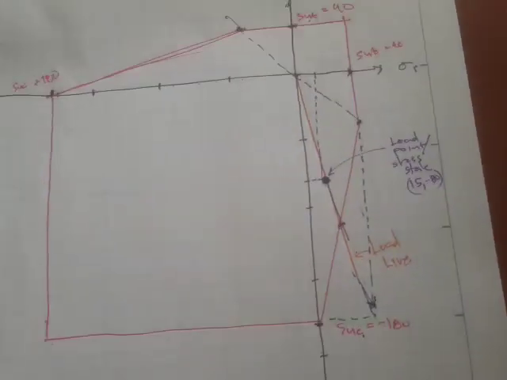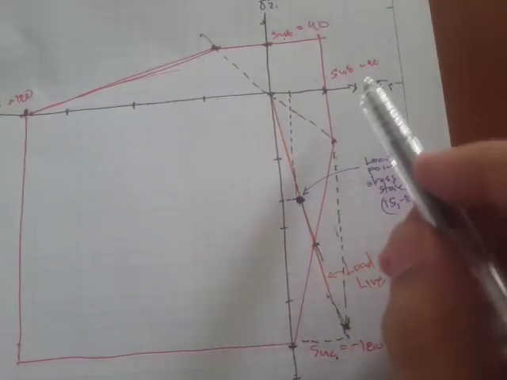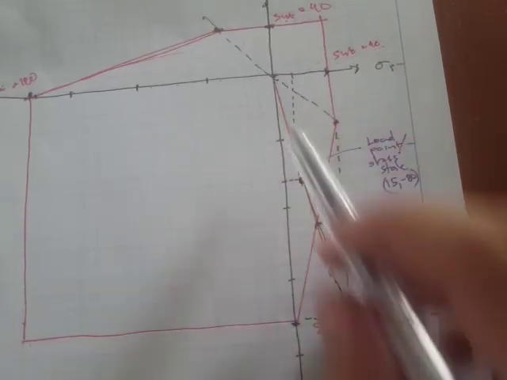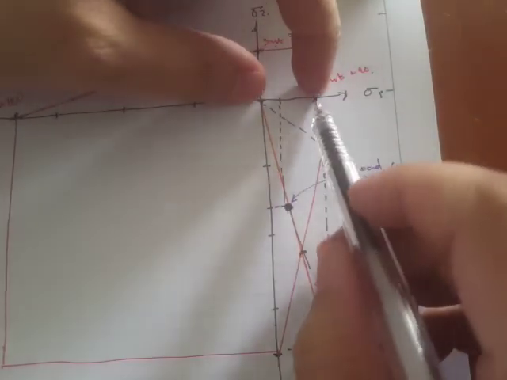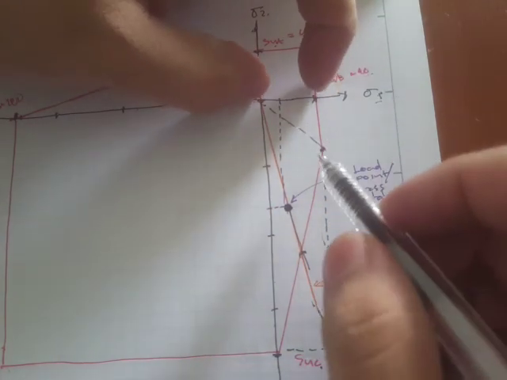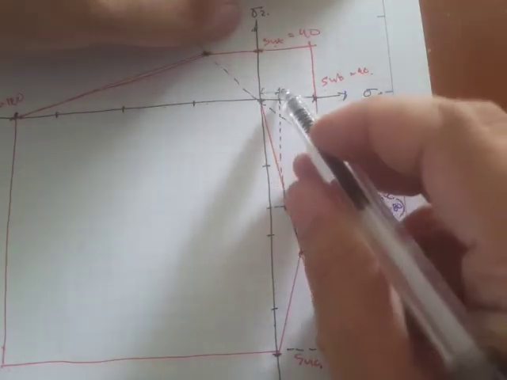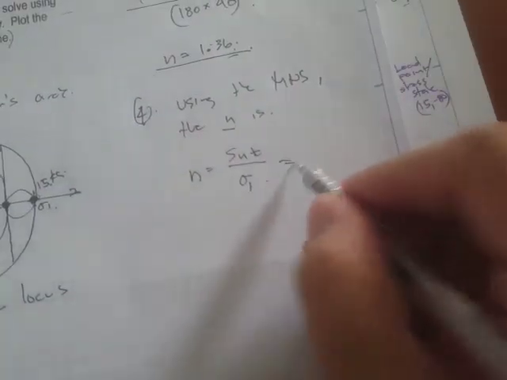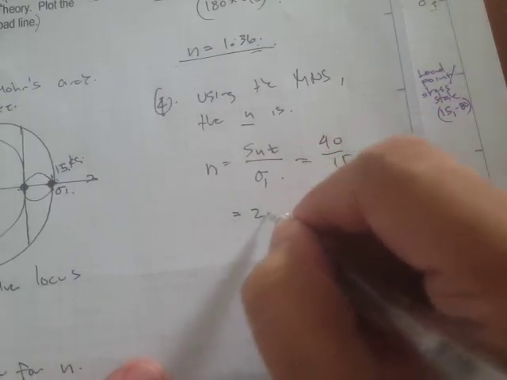Since this is linear, you can also express this as the ratio of this length right here divided by the length right here. So this is 40 divided by 15, which is 2.67.